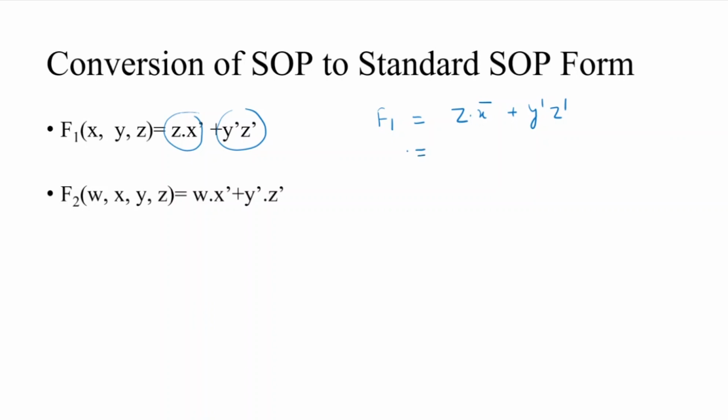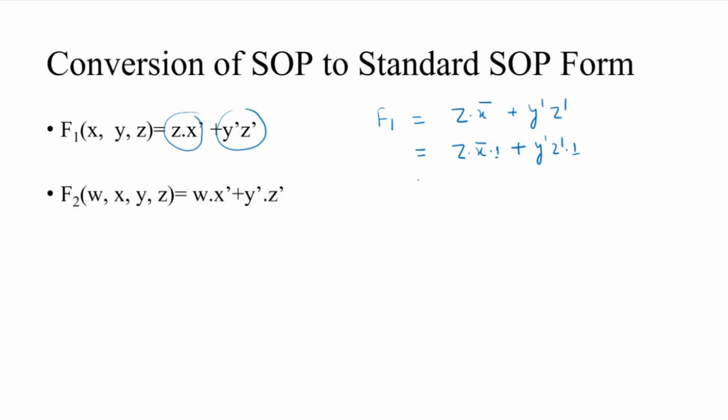So we multiply this particular term by 1, and it does not change, because we studied the Boolean postulates and some Boolean theorems: when we multiply 1 with any variable, the result is the same as the variable. So z dot x complement dot 1 is equal to z x complement, and y dash z dash dot 1 is the same as y dash z dash.